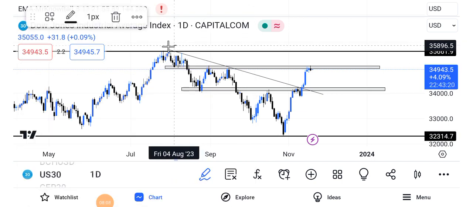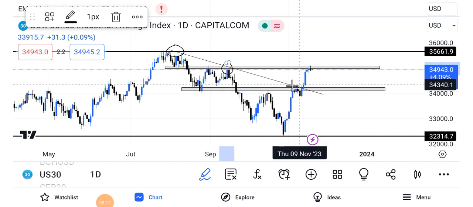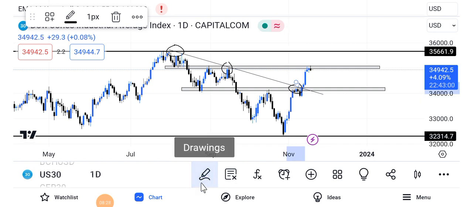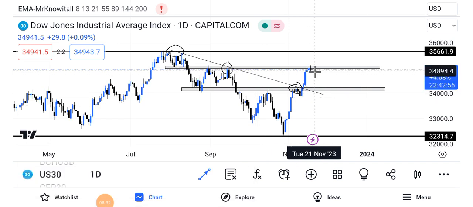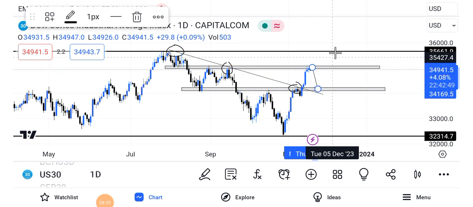The first touch is this top right here, then this is the second touch, and this is the third touch. You understand? And we broke out of this trend on the third touch. Now what's expected from here is that the market comes to this area to retest, and then continues to go all the way up.